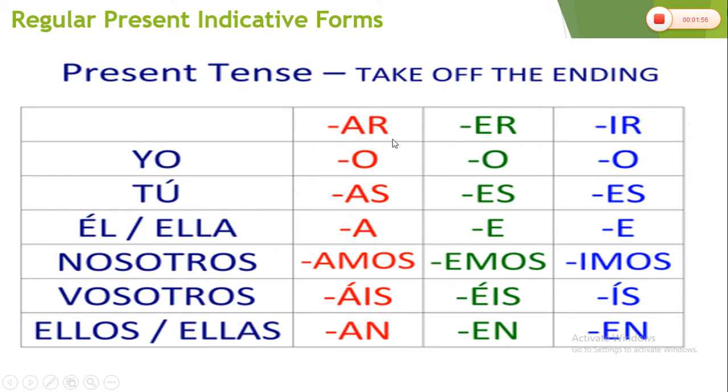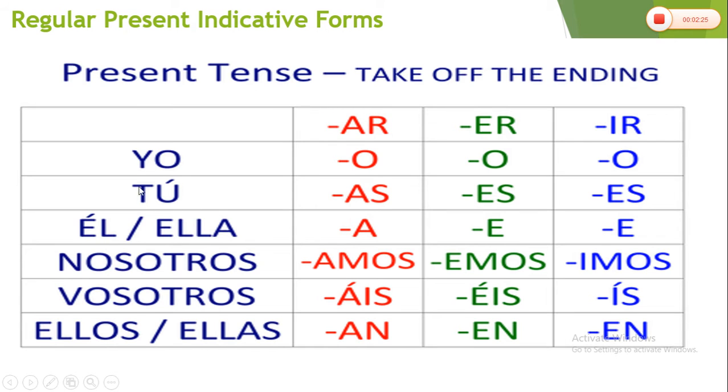So, when we frame a sentence and you come across a verb with AR ending, then if you use subject pronoun yo, AR will get replaced by O. The same theory is applied for all of these pronouns.